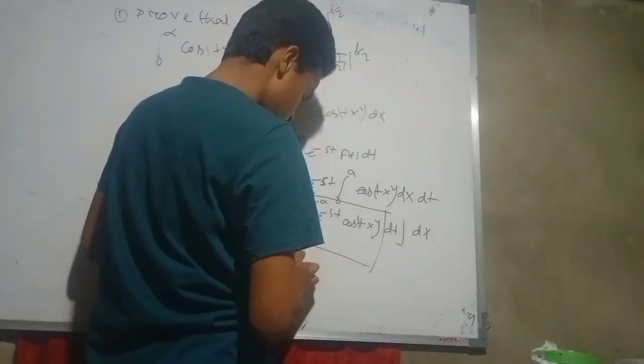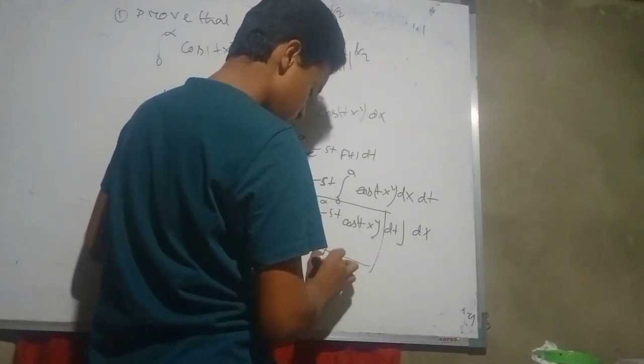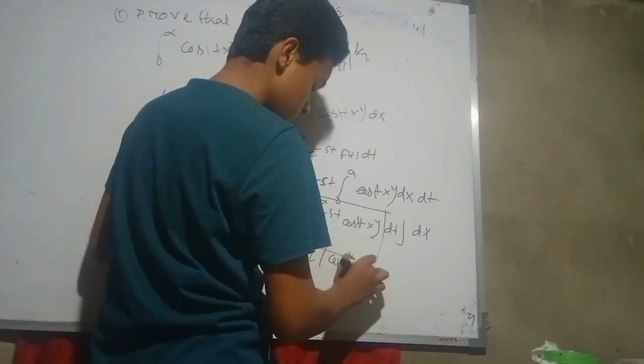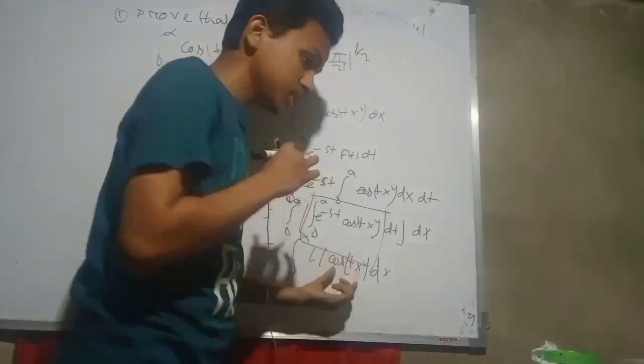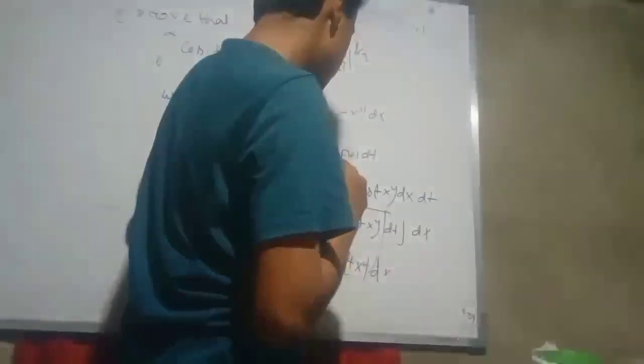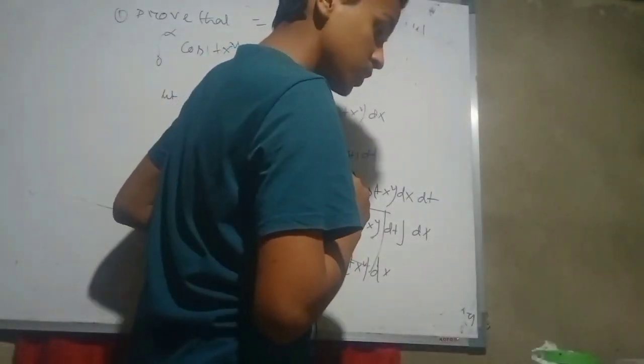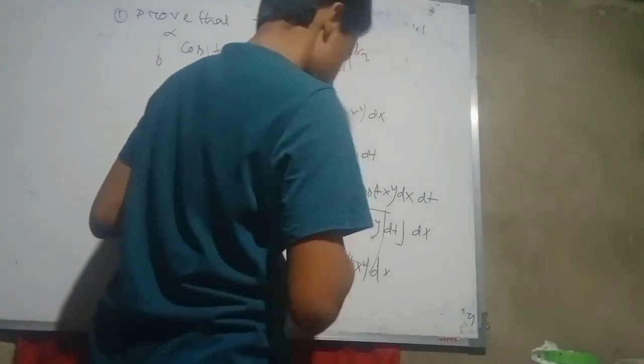Look at this: the inner part is nothing but the Laplace transform of cos(t x square), and we know the Laplace transform of this.